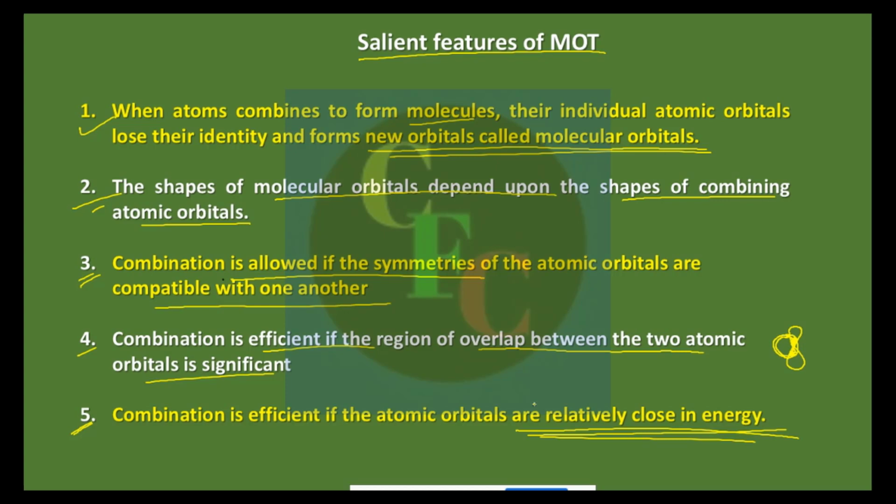Whereas you can easily combine 2s and 2p, or 2p of one atom with 2p of another atom, because they are very close in energy.